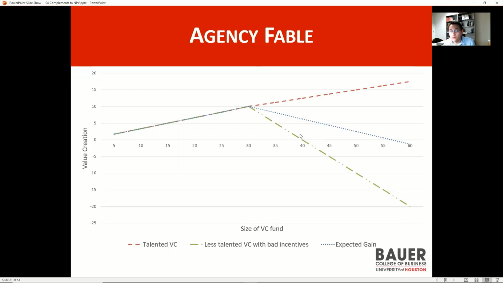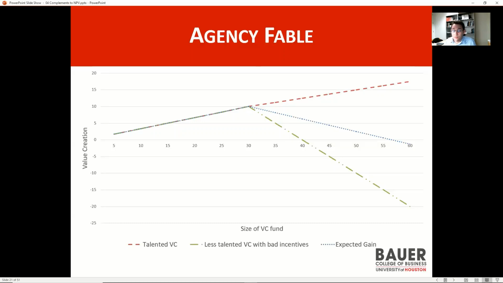Maybe you overpay for the hottest startup. You pay too much money for a small share in TikTok or something like that. And that's a way that a VC can waste the investor's money. Okay, so at some point, they stop creating value and they start destroying value by looking after their own interests. They don't have the same incentives as what the investors would want. The VCs are kind of doing what they want to do and destroying some value.